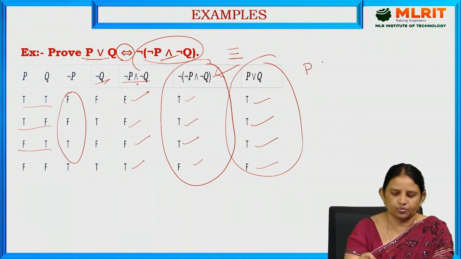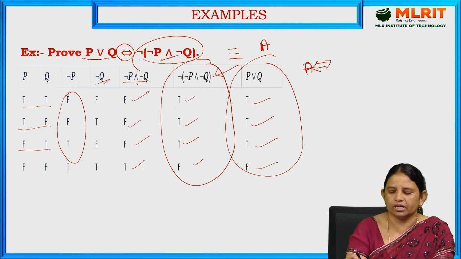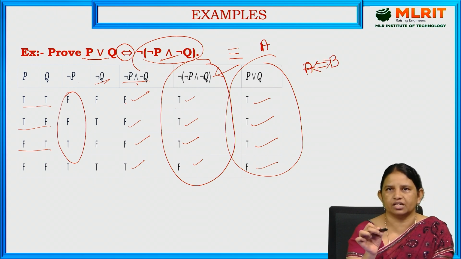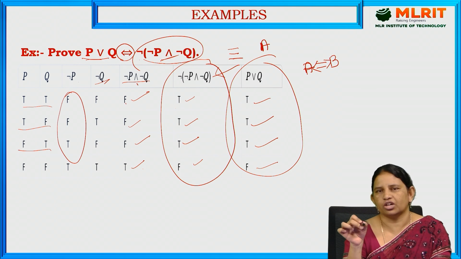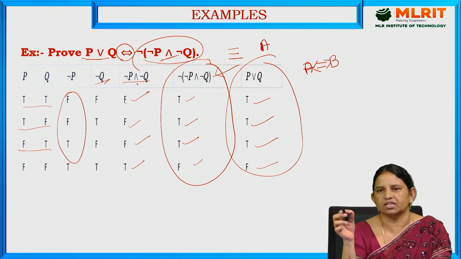So what is the first proposition? P or Q is considered as A. The second proposition is equivalent, so we can use the biconditional statement, A biconditional B. A biconditional statement returns false if one of the propositions is false, and if the truth values are the same, it returns true.